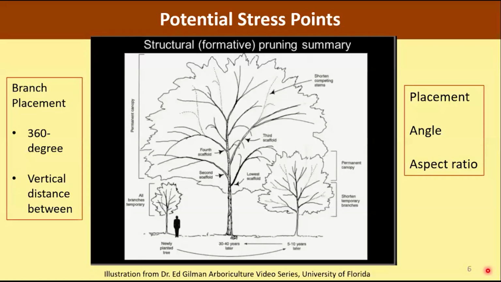For branch placement, check where the branches are connected to the trunk, and also check the vertical distance between branches. The ideal pattern is having branches surrounding 360 degrees around the trunk to maximize sunlight and have enough vertical distance between branches to minimize competition.